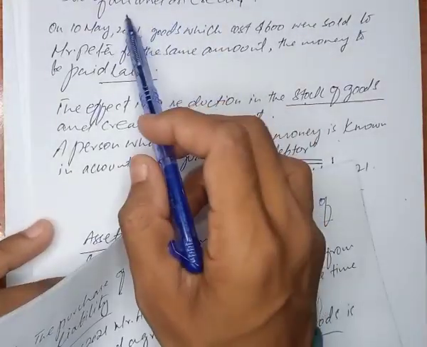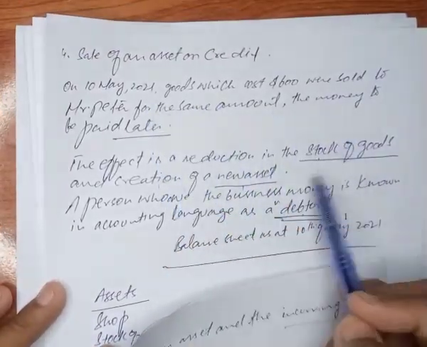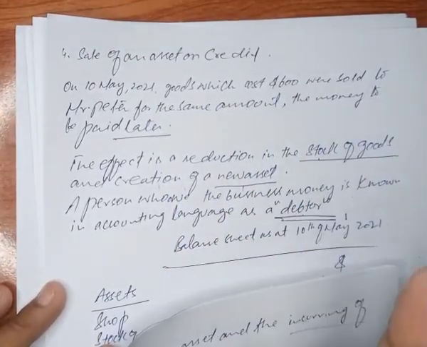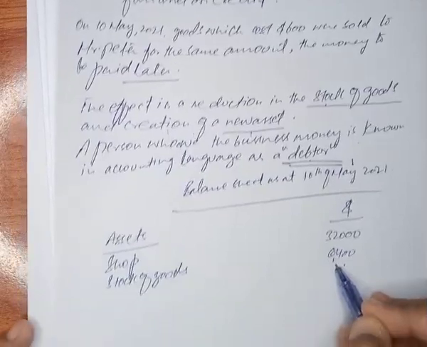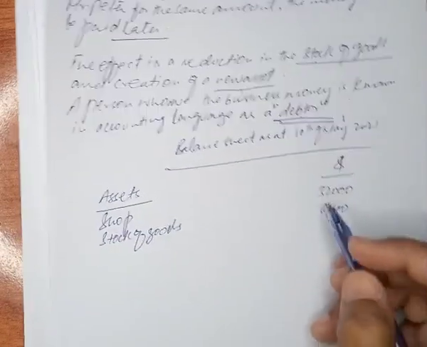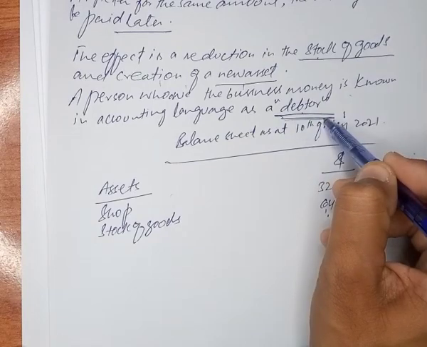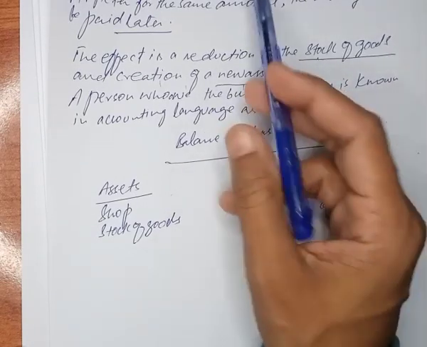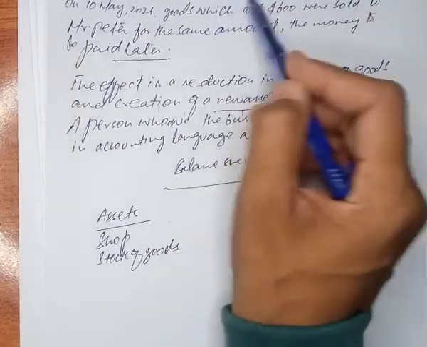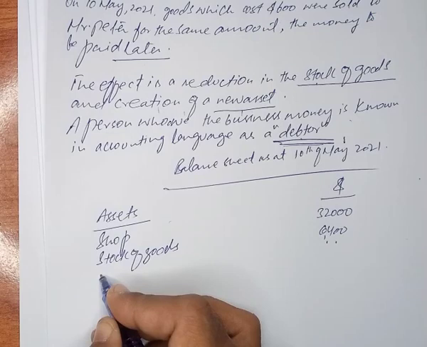Now we made a sale on credit of amount 600, so it means 7,000 minus 600 is 6,400. Now there is a reduction in the stock of goods, and the debtor, here we introduced a new term, is a debtor, who will pay money in the future that we sold on credit to him, and is our asset.